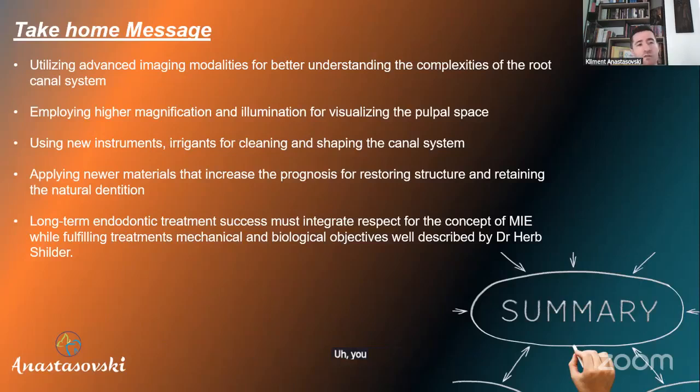You also need to be employing higher magnification and illumination for visualizing the pulpal space.